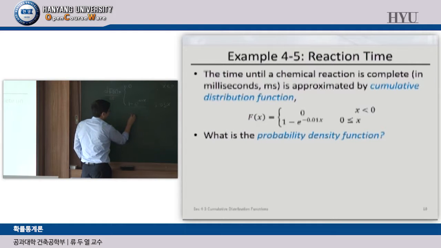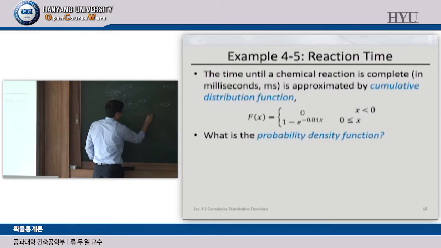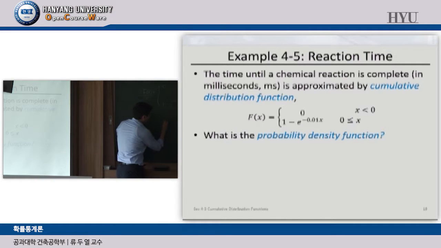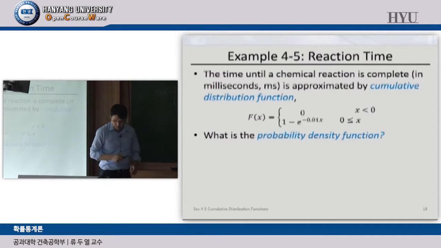This can be 0 minus the derivative, which gives minus 0.01 multiplied by e to the minus 0.01x, so this can be 0.01 multiplied by exponential minus 0.01x. So this is the probability density function here, okay?